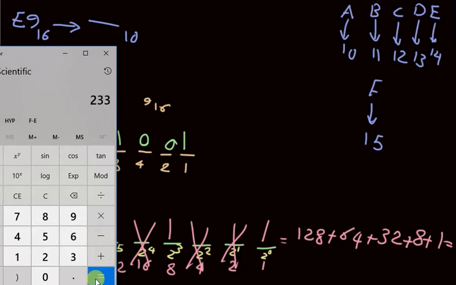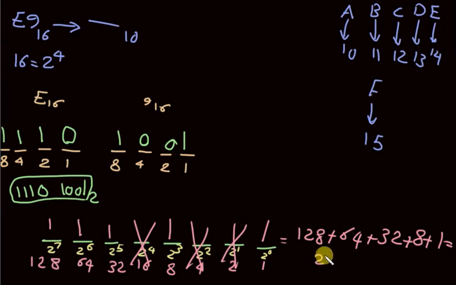This will give me 233, and 233 is base 10 of E9. So that means E9 is equal to 233. This is how you convert it, and let's do another one for octal as well and see how it works with octal.